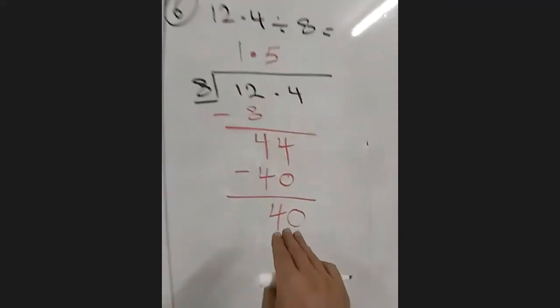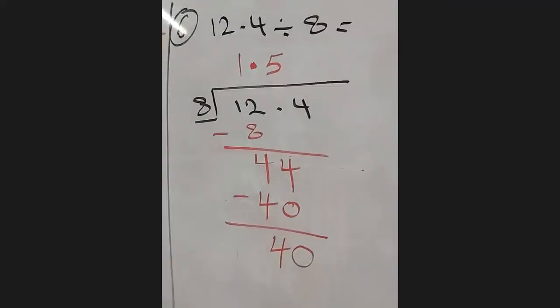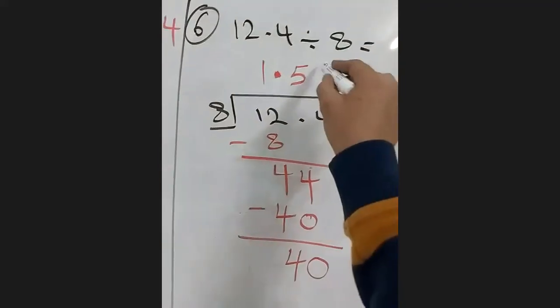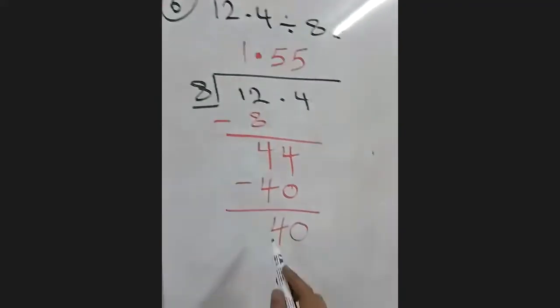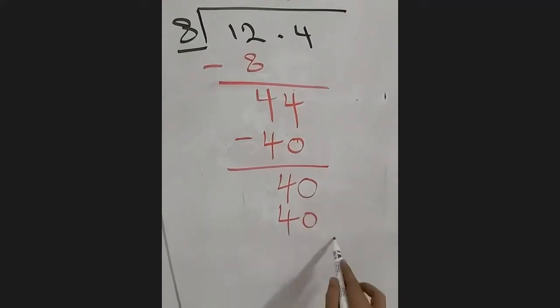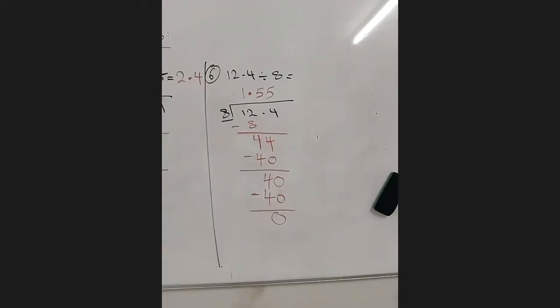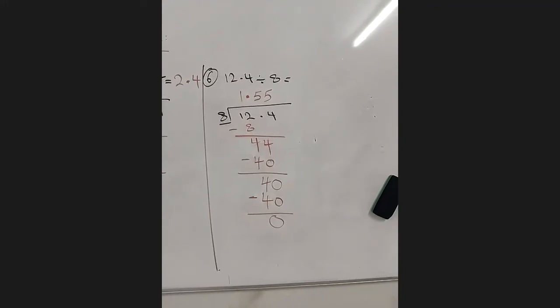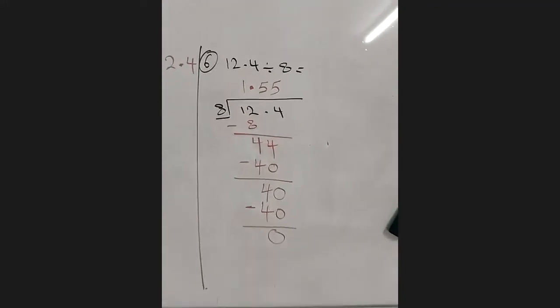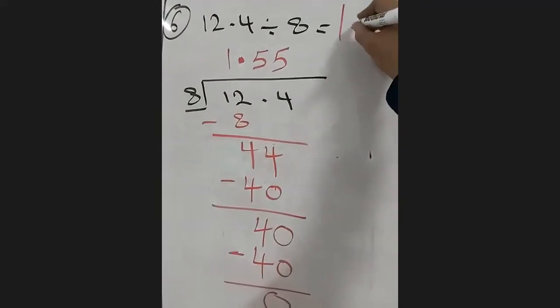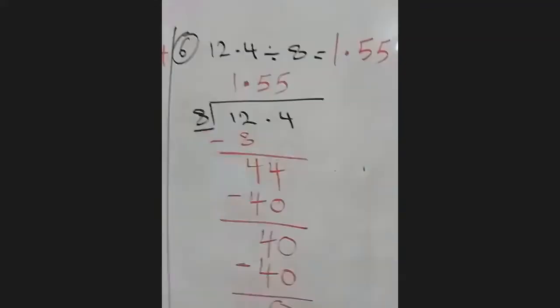Now 40 divided by 8 is 5. 5 multiply 8 is 40. Subtract: 0. So the answer is 1.55. This is question 6.